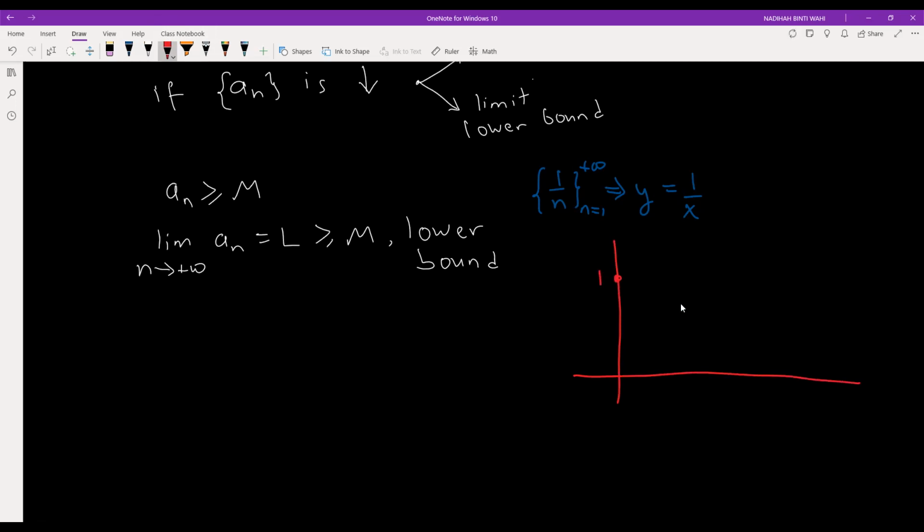This is 1, and then the next ones are 1 over 2, 1 over 3, 1 over 4, and so on.